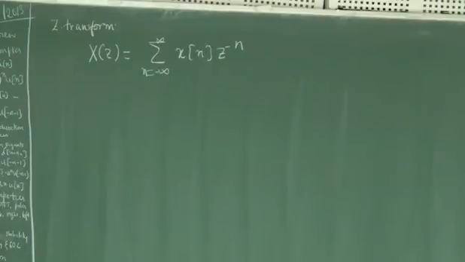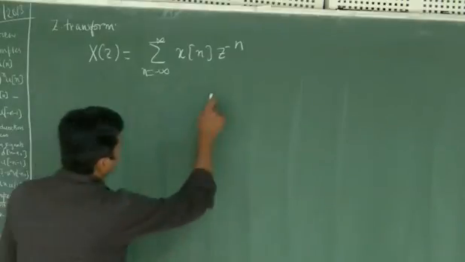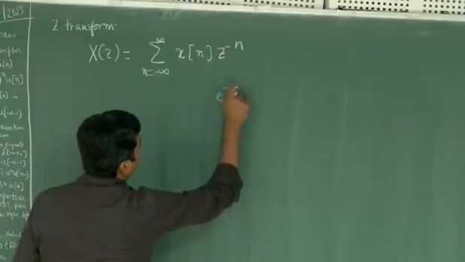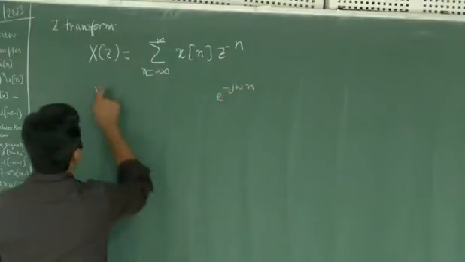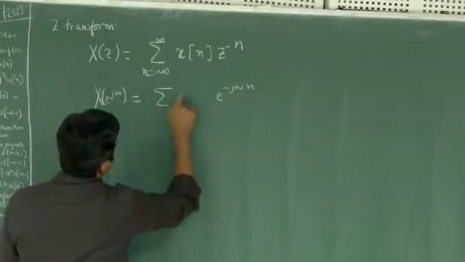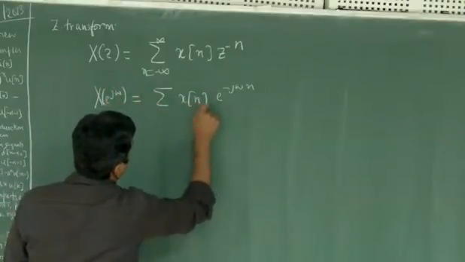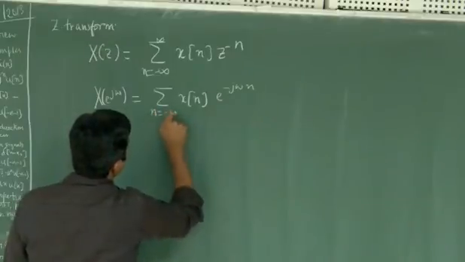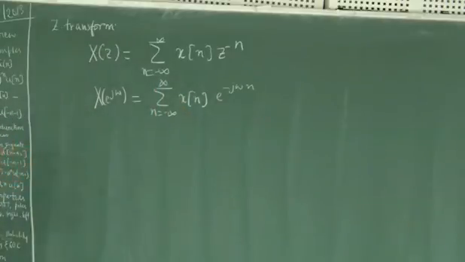Why do we want to work with such a transform when we already have the DTFT where we have e to the minus j omega n? Do you recall why we said we want to go with the Z transform? Why is that?